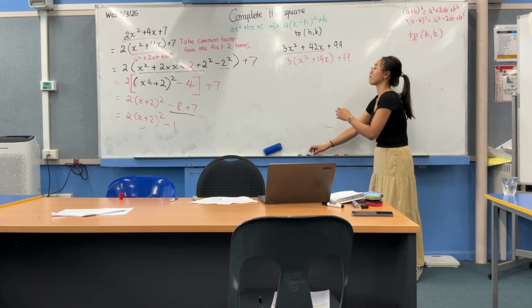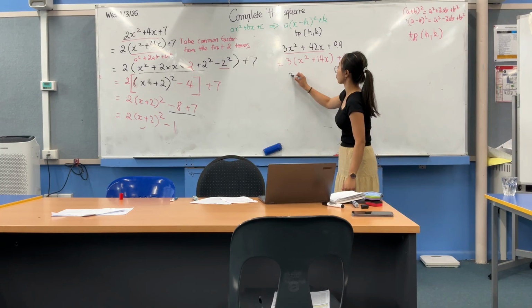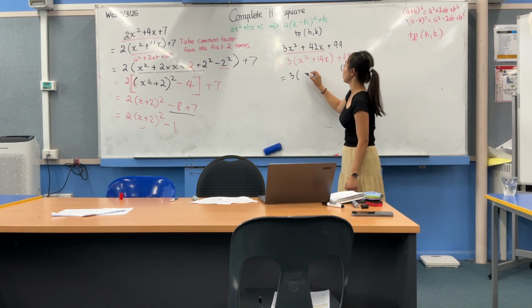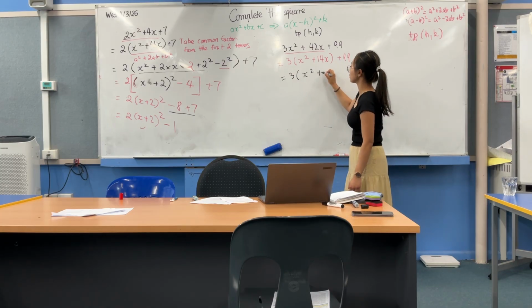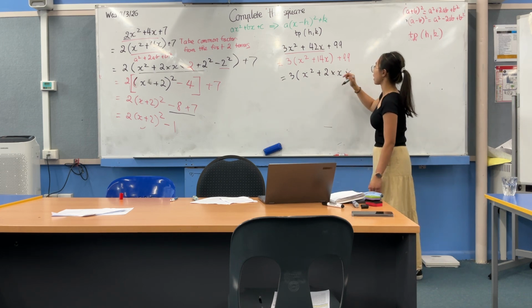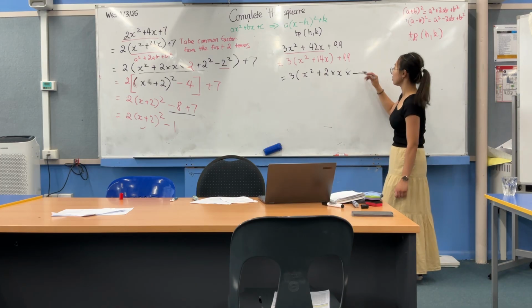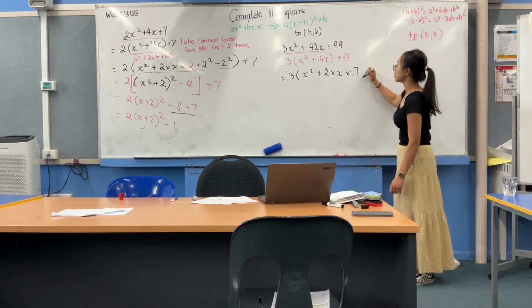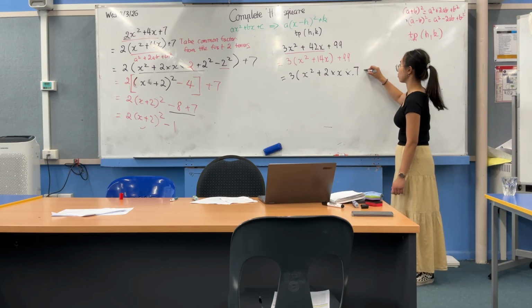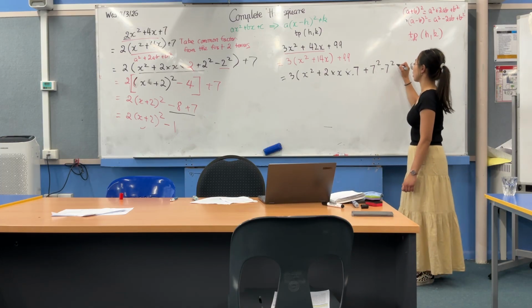Second step will be to complete the square inside the bracket. So I'm going to have 3 here, then x squared plus 2 times x times the number 7, because 14 divided by 2 is 7. 7 is going to be my b now. Plus 7 squared minus 7 squared.